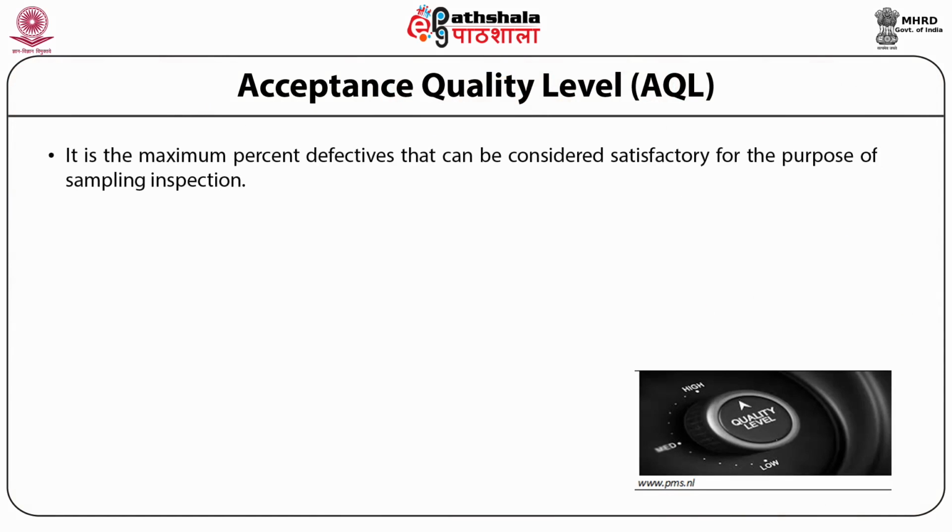It is the maximum percent defectives that can be considered satisfactory for the purpose of sampling inspection. The level represents the maximum proportion of defectives that can be accepted without any major effect on further processing or customer relation. It can be considered as the producer's safe point.